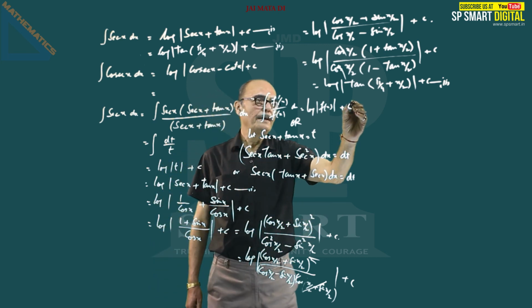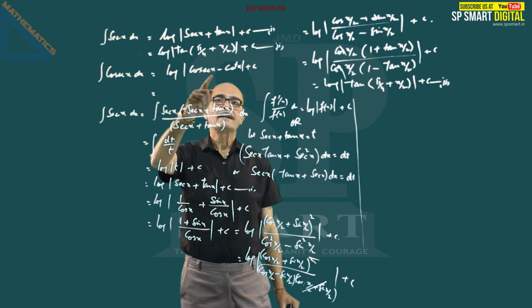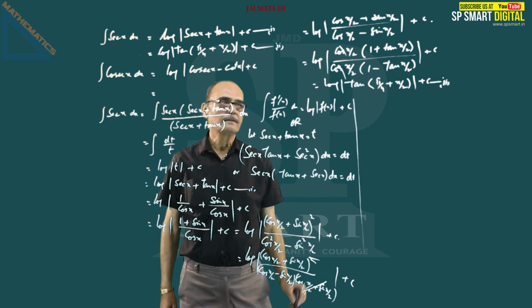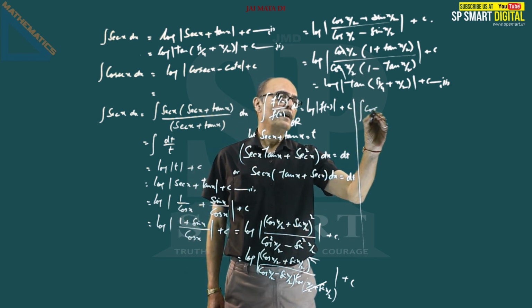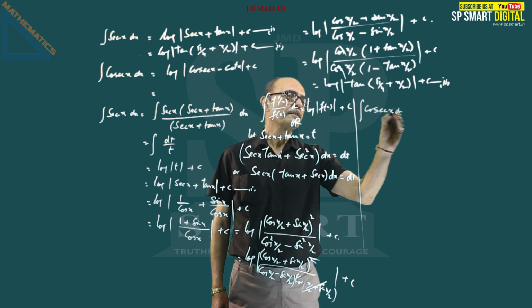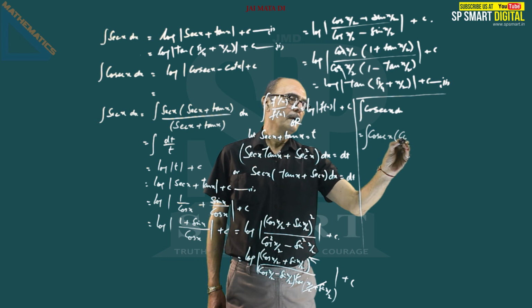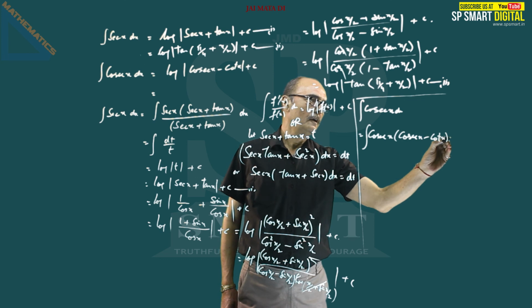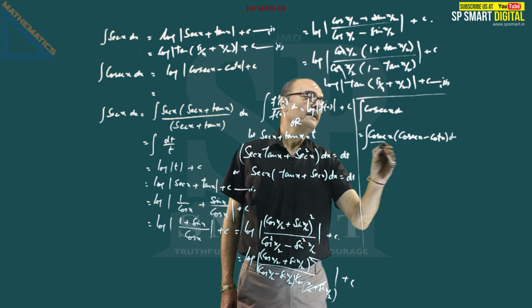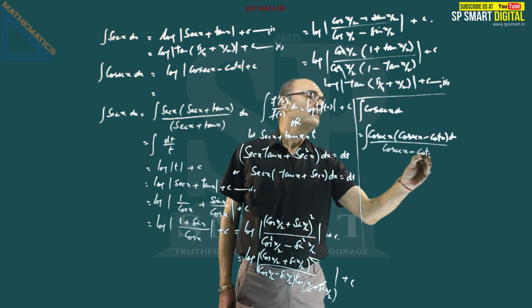Then we have the second result, the integral of cosec x. This is the integral of cosec x dx, or the integral of cosec x into cosec x minus cot x dx, divided by cosec x minus cot x.